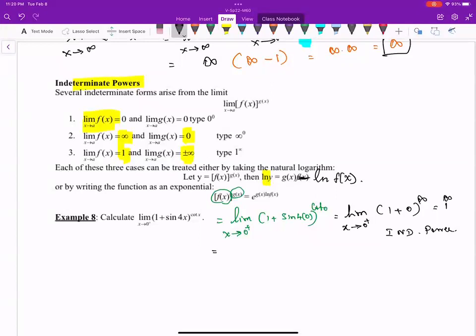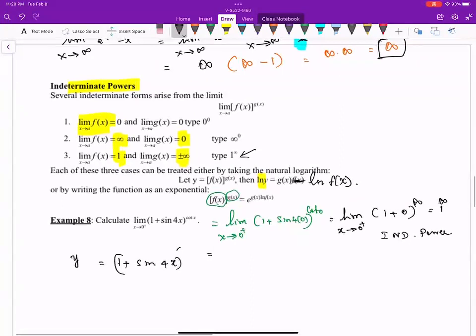When it comes to indeterminate powers, it is one of these kinds here. So it is actually this kind. Now we are going to apply ln on both sides. First, let's write y equal to the given expression: y equal to (1 plus sine of 4x) to the exponent cotangent x.